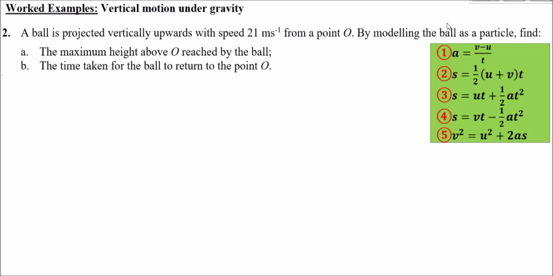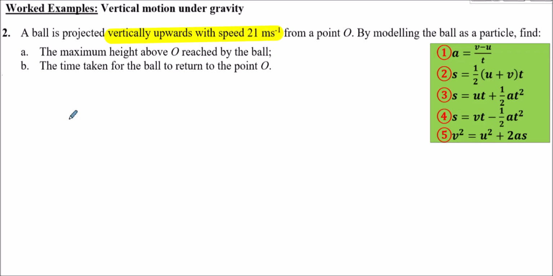By modelling the ball as a particle, find A, the maximum height above O reached by the ball, and part B, the time taken for the ball to return to the point O. So what we need here is to consider the directions of motion, and I think a good idea would be to sketch a little diagram for it. So we know that it's being projected vertically upwards with a speed of 21 meters per second.